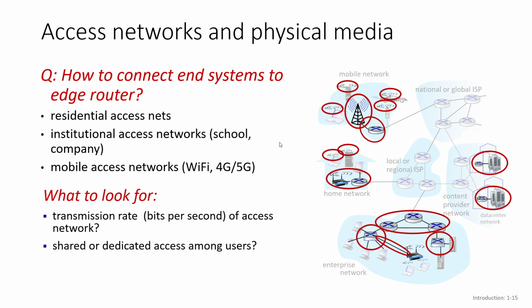But then you need to know a few things here. You have different types of networks. The most important ones are these three. It's not an exhaustive list, but it will help you understand what's going on. Residential access network. This is what's happening at your house, right?